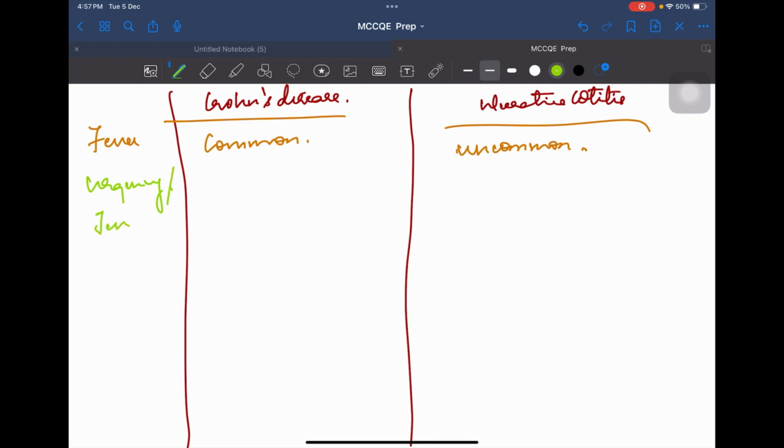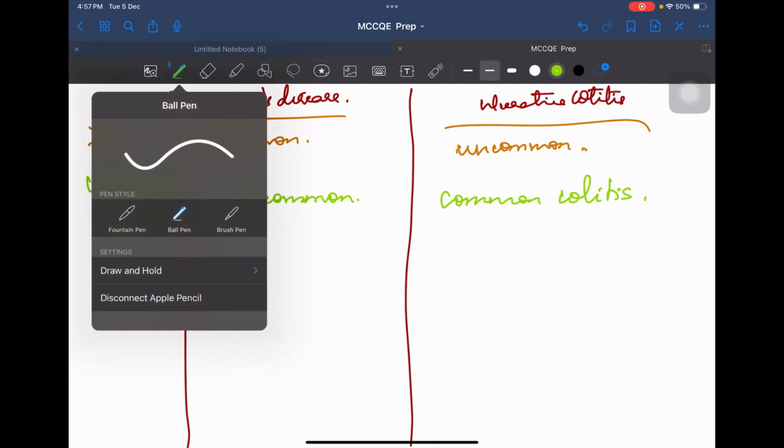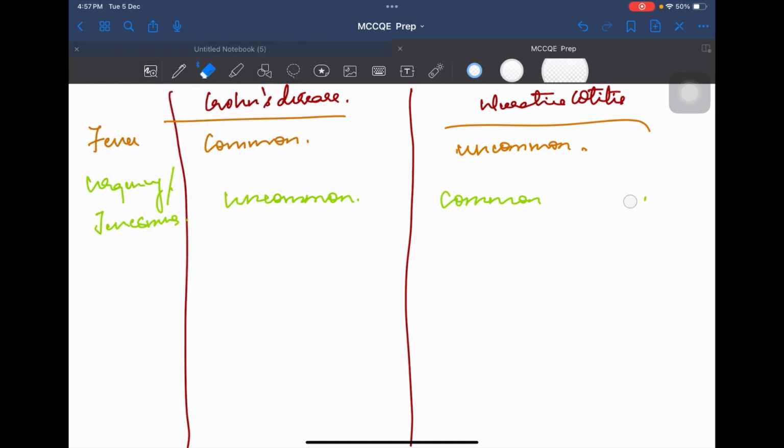Urgency, or we also call it tenesmus, that irritable feeling, is usually uncommon in Crohn's disease, whereas it's very common in ulcerative colitis. As discussed before, these patients will be having frequent passage of stools. So there will be urgency, much more common in ulcerative colitis, whereas not so common in Crohn's disease.